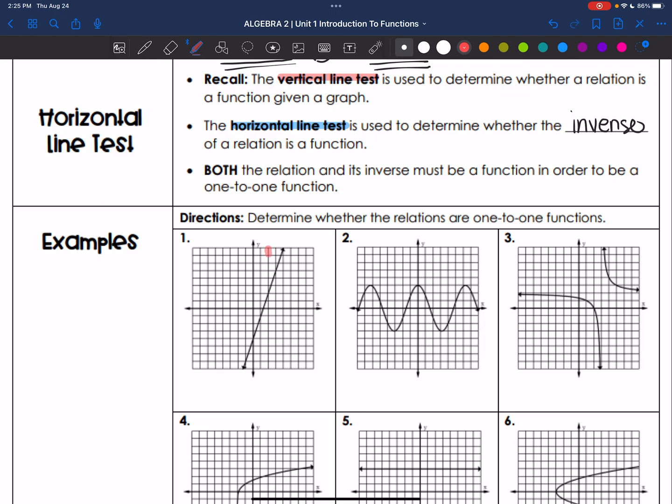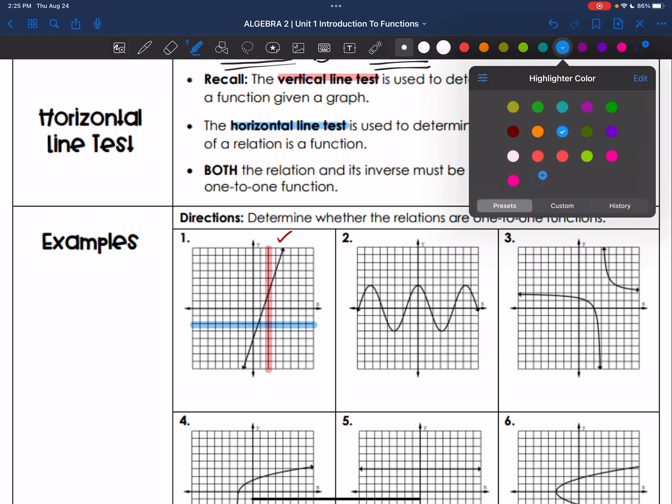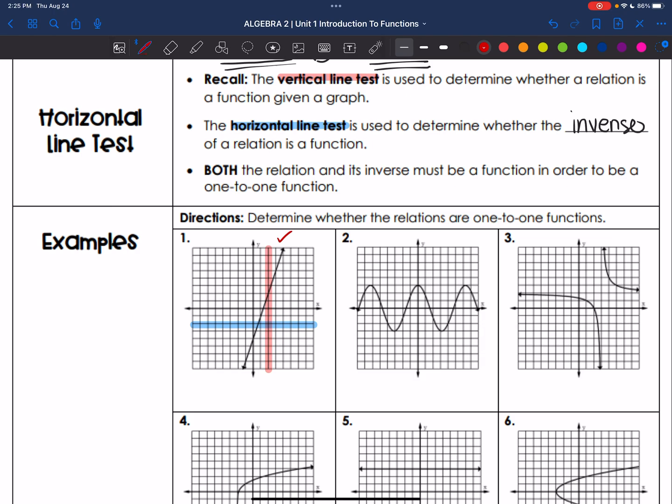Well, if I run my vertical line across this, yep, that is working. So the original is a function. Now, if I run my horizontal line across it, oh yeah, it only touches that straight line graph once. So with that, we can say yes, this is a one-to-one.